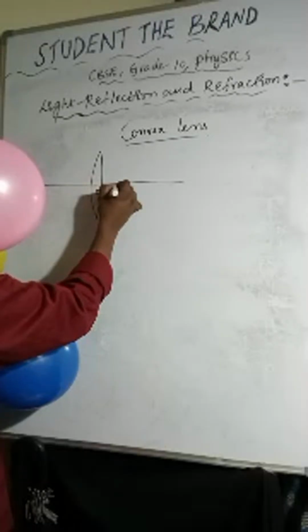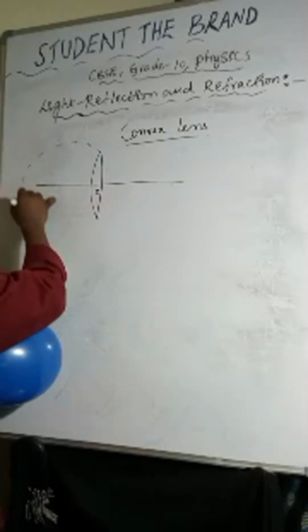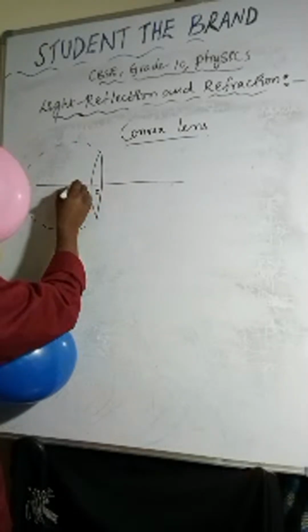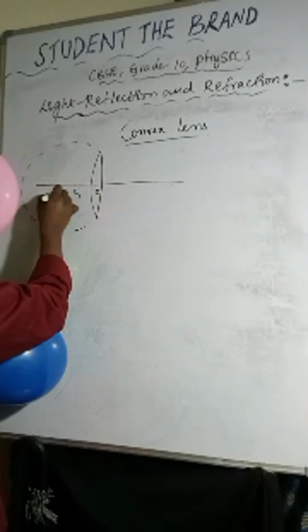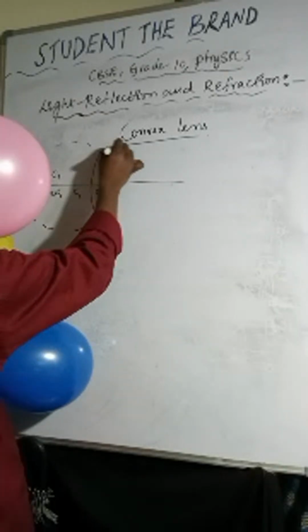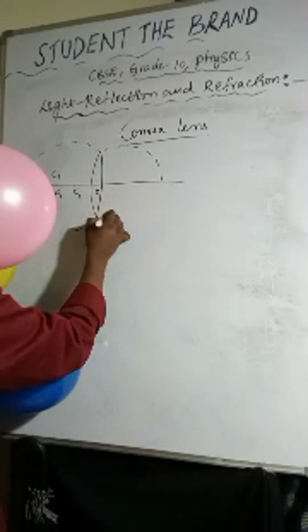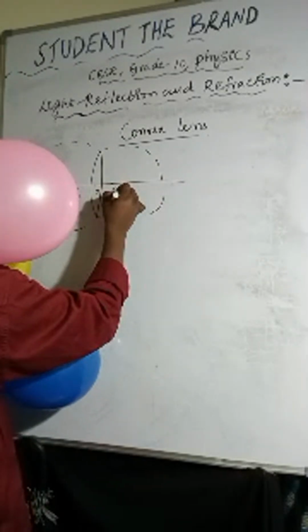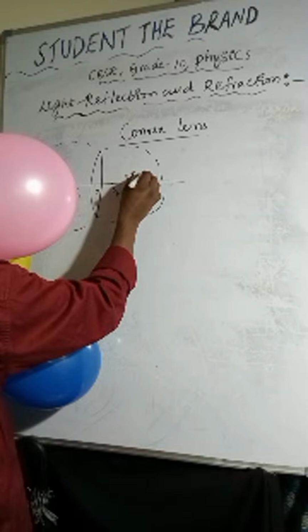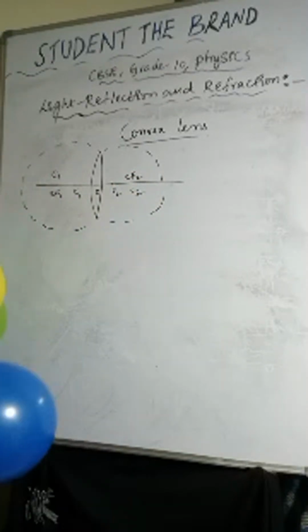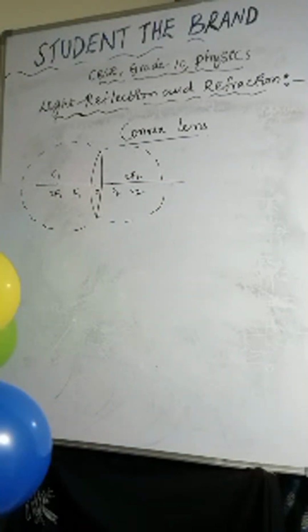This is the optic center. This side we take F1, 2F1 or C1, and this side F2, 2F2 and also C2. Coming to the concave lens.